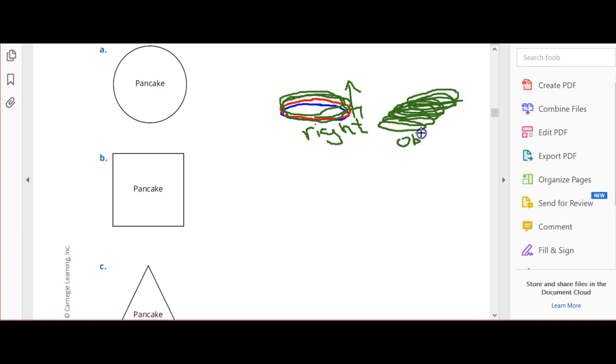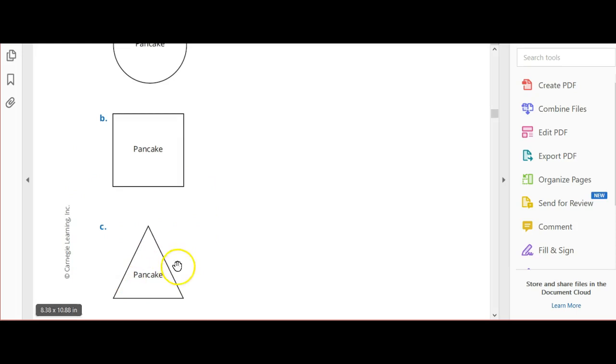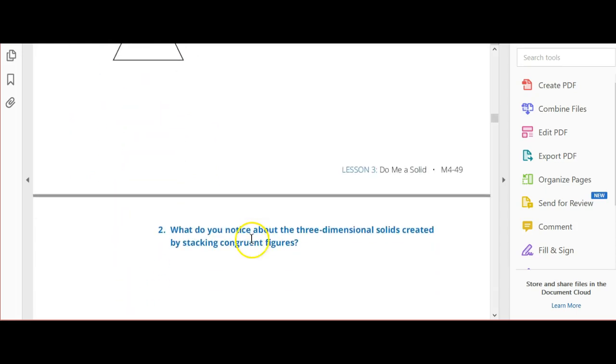Or, I'm sorry, oblique cylinder. So, just keep that in mind as you look at these. You have right and oblique cylinders, and you have right and oblique pancakes, and you have right and oblique rectangular prisms or cubes, and you end up with right or oblique triangular prisms, right? They can be either way.